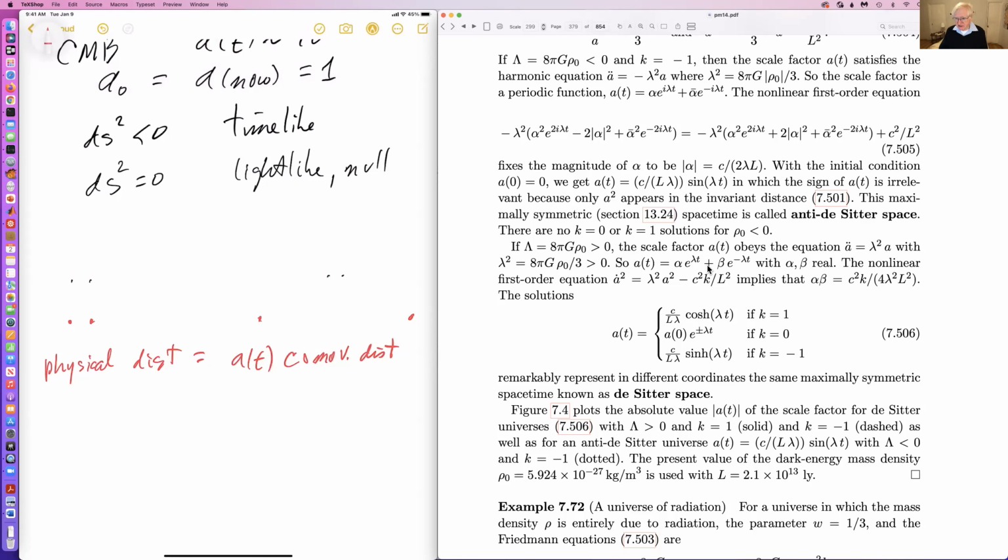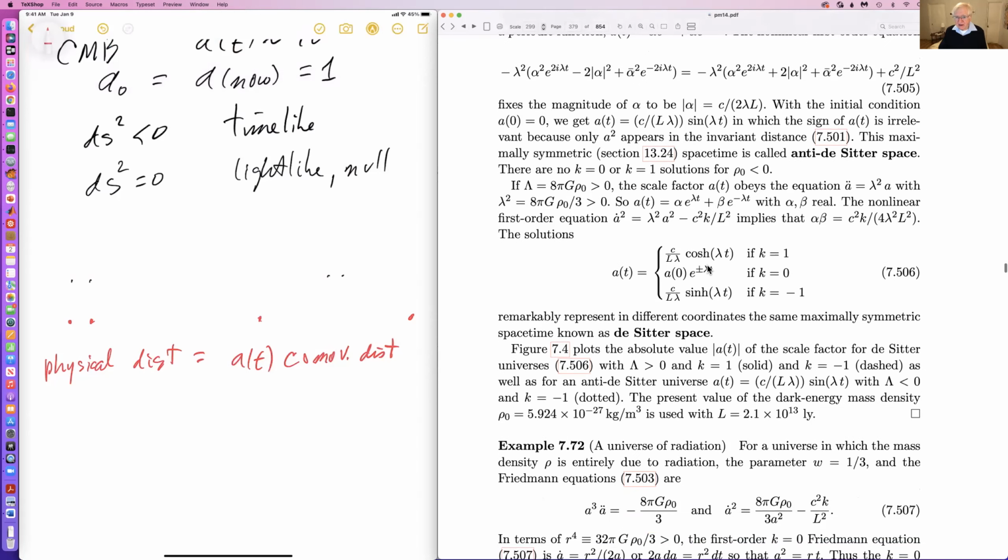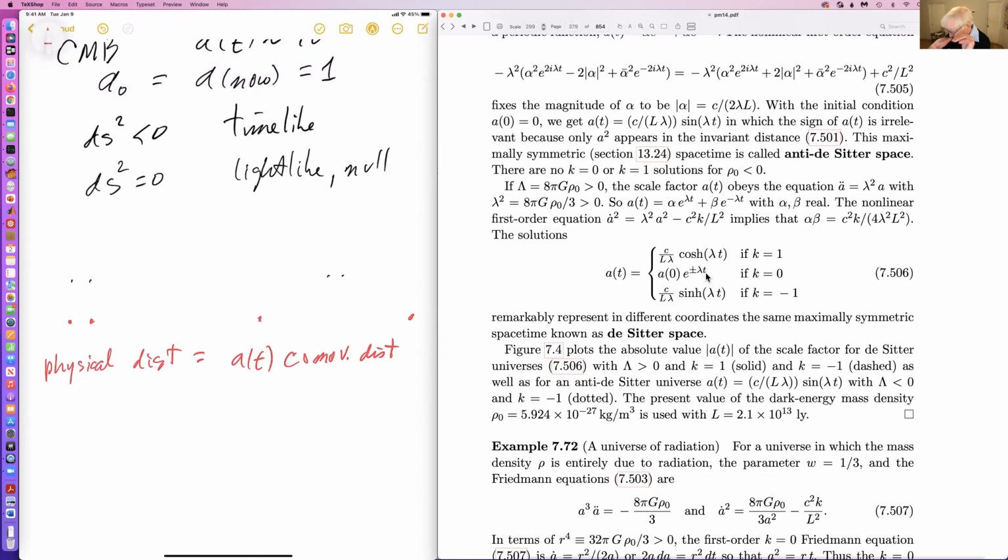We get these exponential solutions, and so for k equal to 1, the scale factor expands as a hyperbolic cosine. K equal -1, it expands as a sinh. And k equals 0, it can either expand or decay exponentially, and of course it could be a linear combination of those.